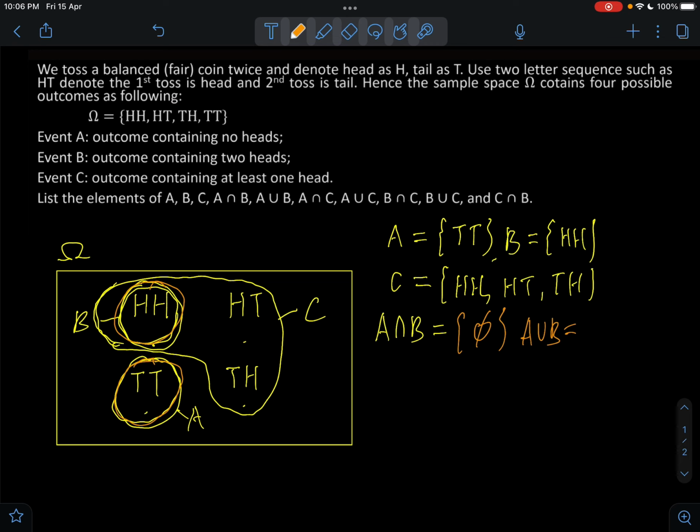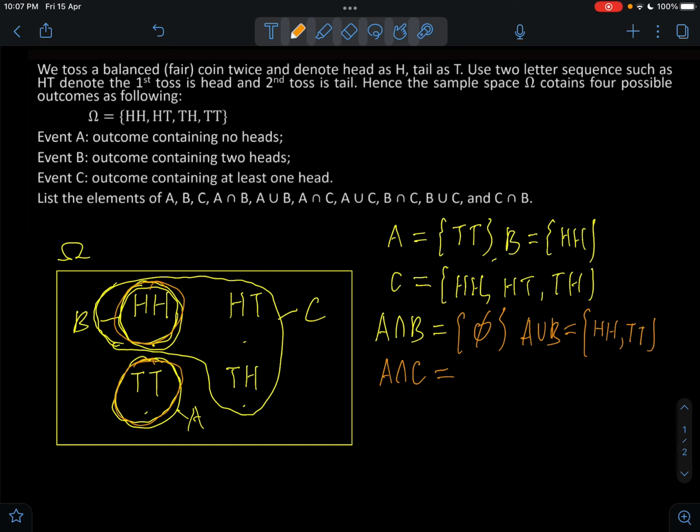Then we look at A union B. When we say union, it basically means the elements that occur in either event A or event B. So in this scenario, we have two elements in A union B: HH from event B and TT from event A. Similarly, we can calculate event A intersect event C. What are the common elements of A and C?